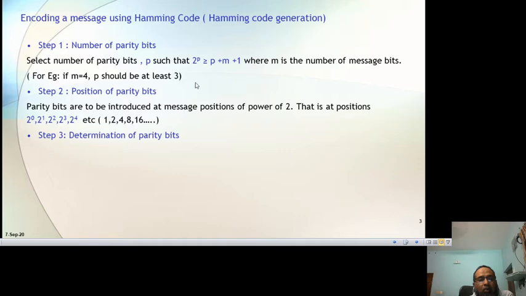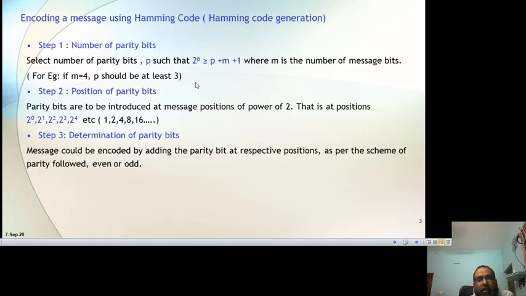Then the determination of parity bits. The parity bit has to be determined as per the parity you are following. It can be either odd parity or even parity. If the system is following odd parity, you have to add the parity bit accordingly in the corresponding position. Similarly, if it is following even parity, then the parity bit should satisfy the even parity rules.